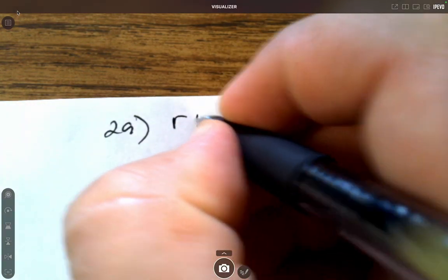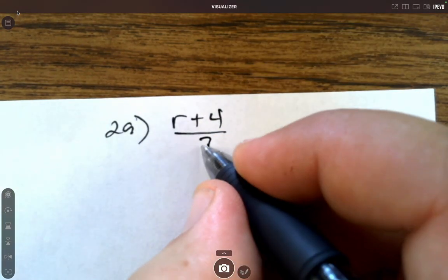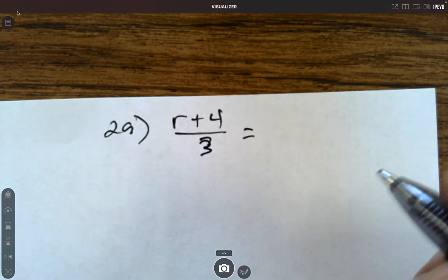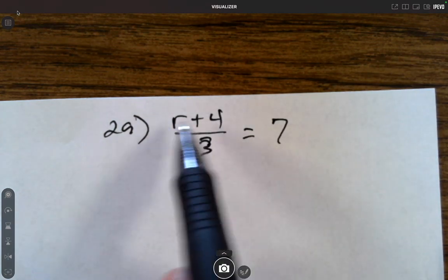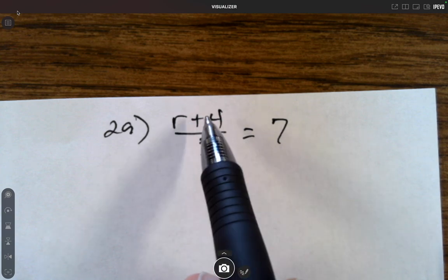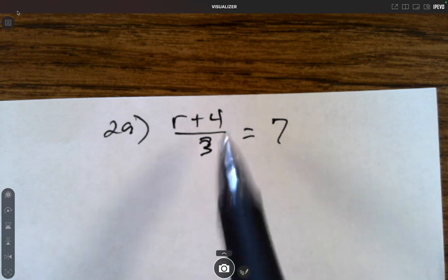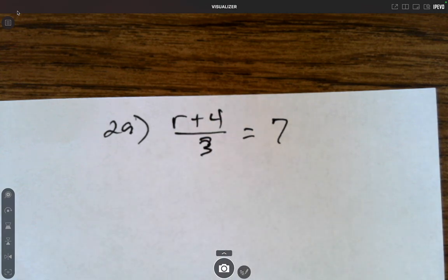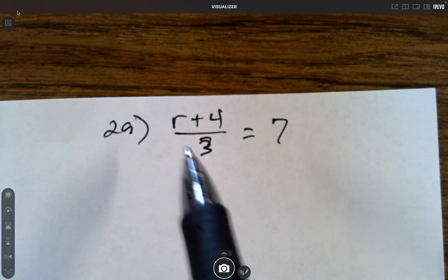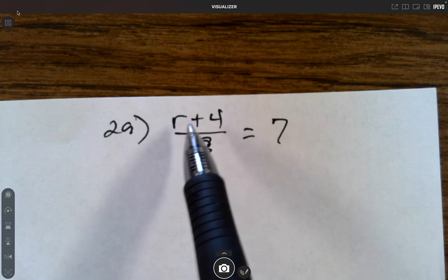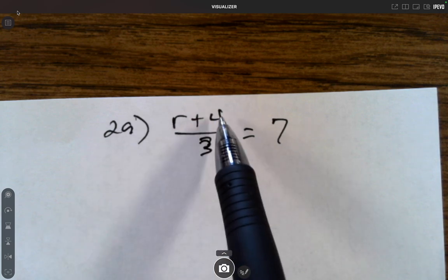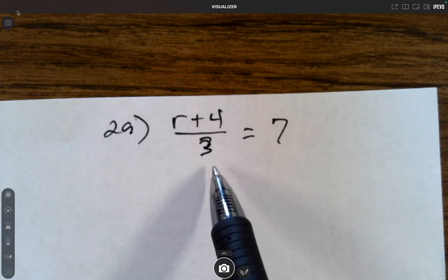r plus 4 over 3 is equal to 7. So the r and the 4 are together in the top of the fraction. The 3 is down below it, separated by this line, so the 3 is farther away. Or another way to think about it is, if we were to plug in a number for r, the first thing we would do is add 4 to it, then after that we'd divide by 3.